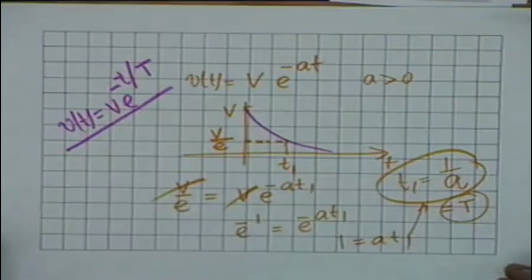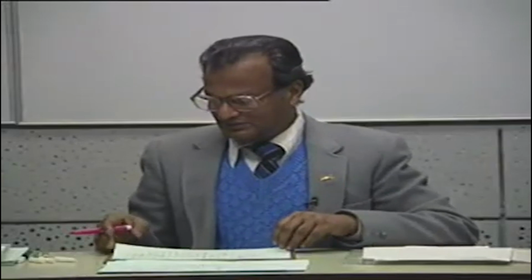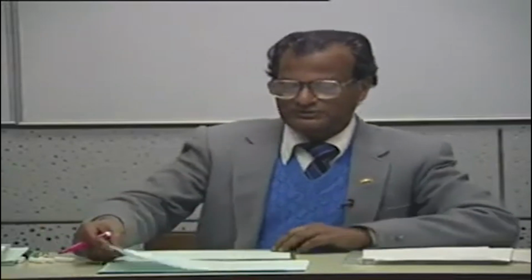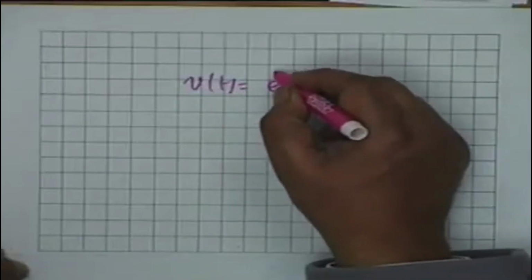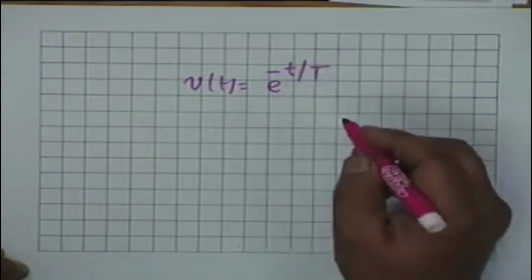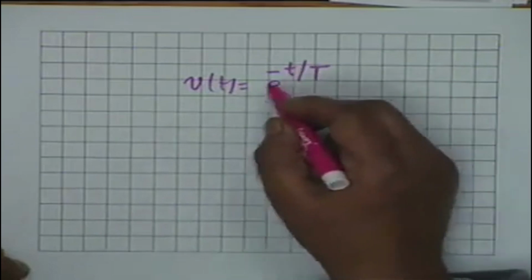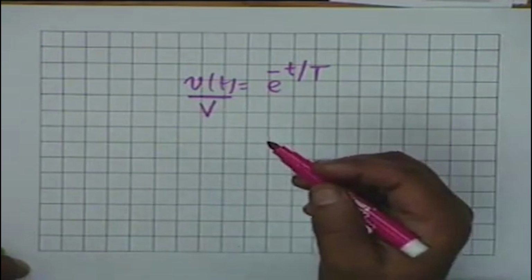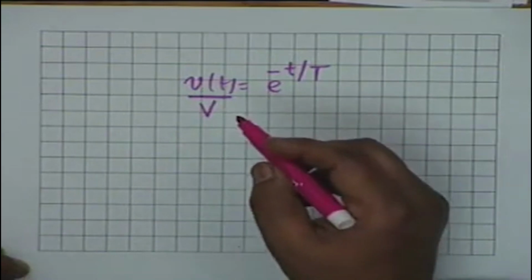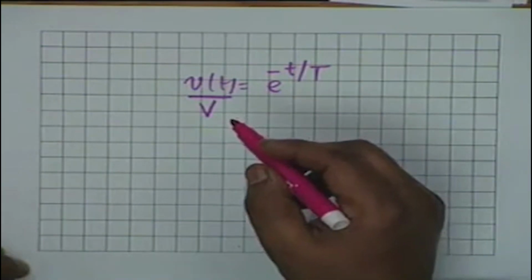Alright. It is a matter of simple calculation to show that for an exponential waveform like e to the minus t by T, let's consider the normalized waveform. That is, normalized with respect to the value at t equal to 0.